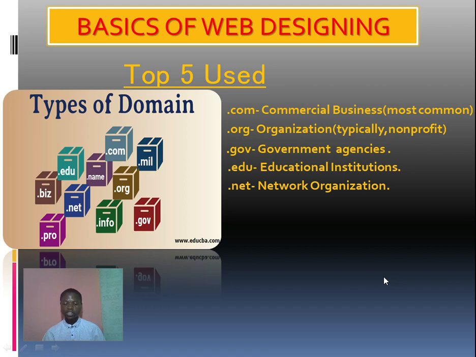For a network connection or network provider company, you are getting .net. For an NGO organization, you are getting .org. For a commercial business, you are getting .com. For a country, you are getting a .gov domain name.